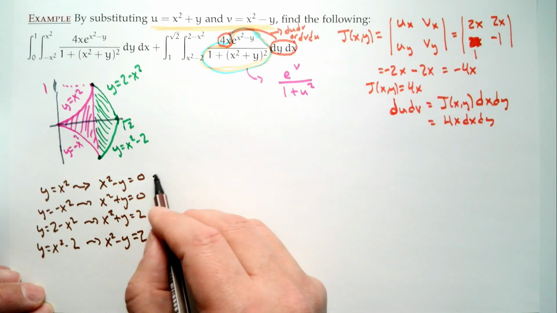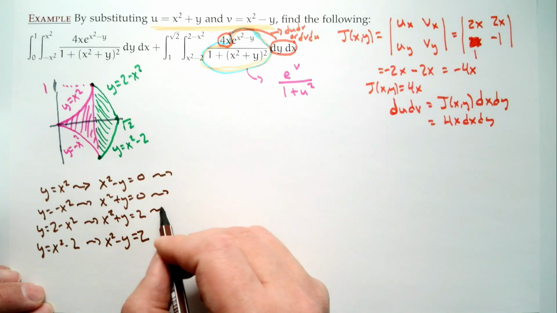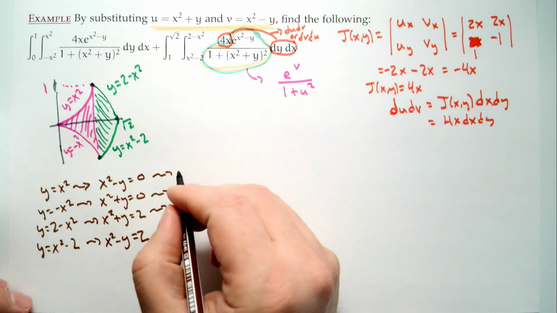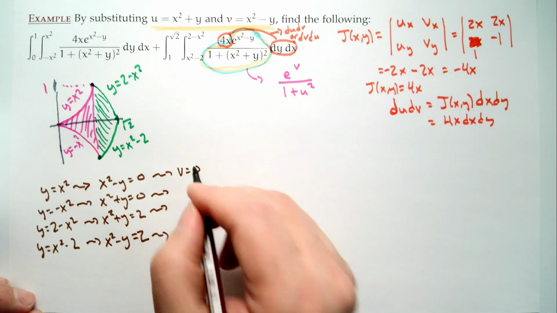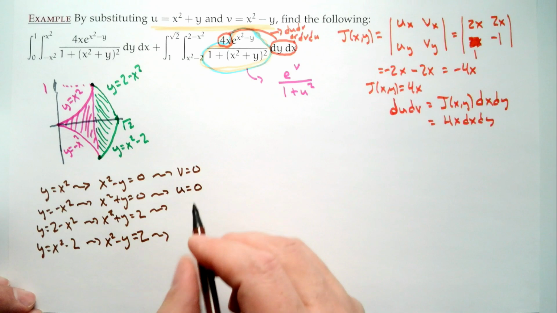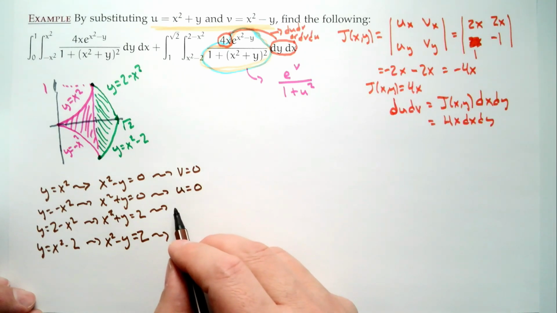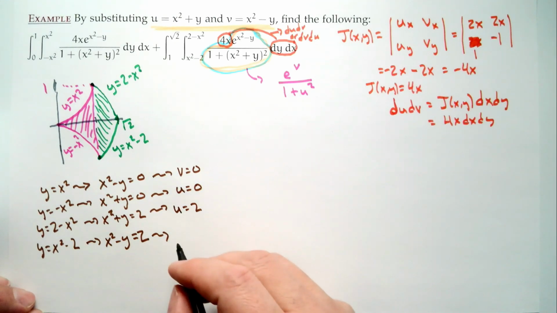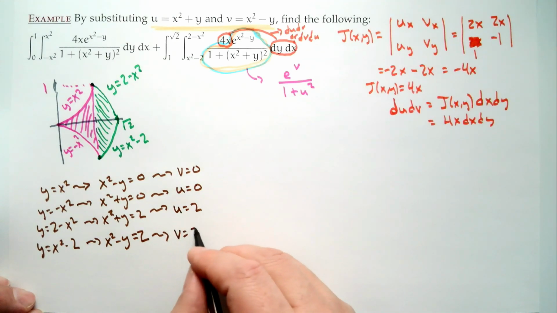Now, we've written these in this particular way because they now become nice in our new coordinate system. x squared minus y equals 0 will become v equals 0. x squared plus y equals 0? u equals 0. x squared plus y equals 2? u equals 2. x squared minus y equals 2? v equals 2.